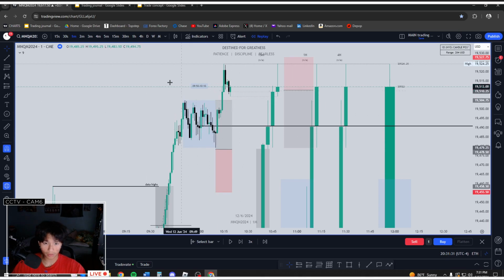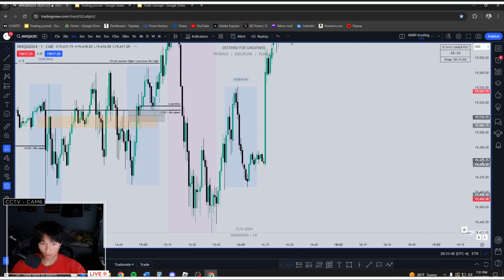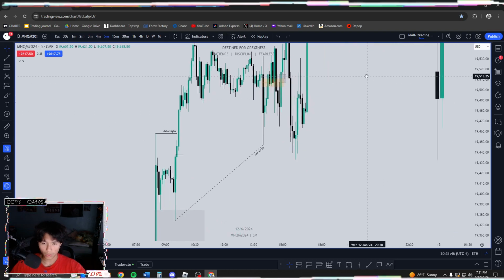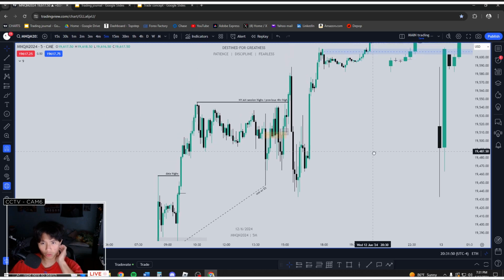Price didn't allow for it, and it just took out this previous hourly high. And I'm not really upset with that. I mean, price will run without you all the time. It just depends on how you react to it and manage your emotions.